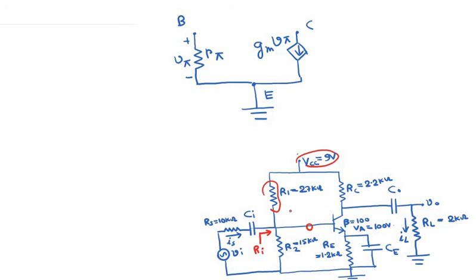So between the base and the AC ground, R1 and R2 are present in parallel combination. So we draw this here between the base and the AC ground: R1, and we also have this resistor R2.